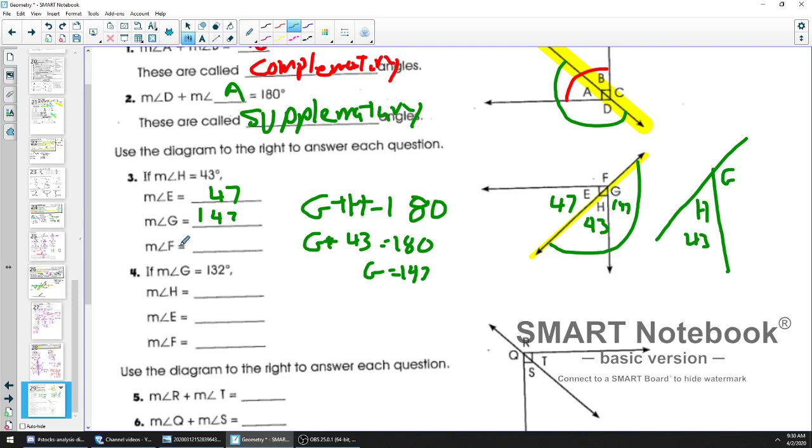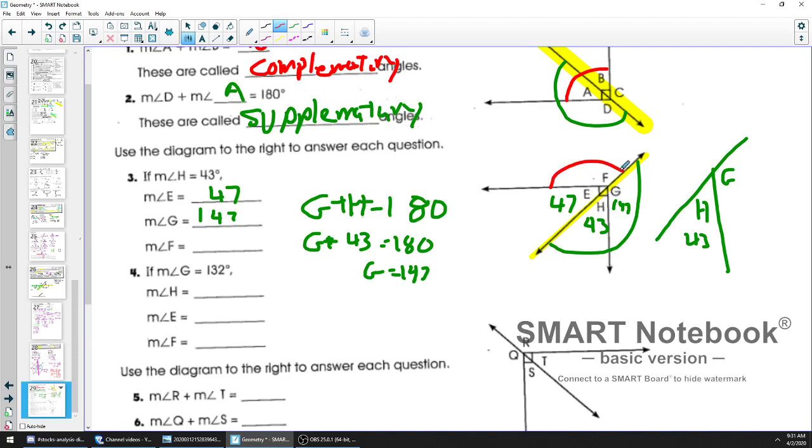And there's the last one, angle F. So I still have my straight line, and I have my F. Can I combine this with anything to make a straight line or a 90-degree angle? If I go towards G, that's not really a straight line or a 90-degree angle. So let's go to the other side and start over here.